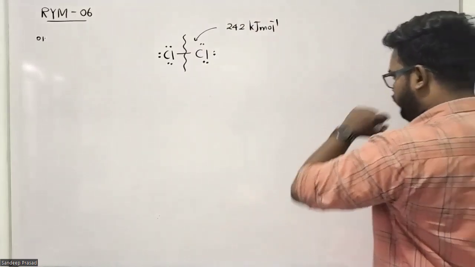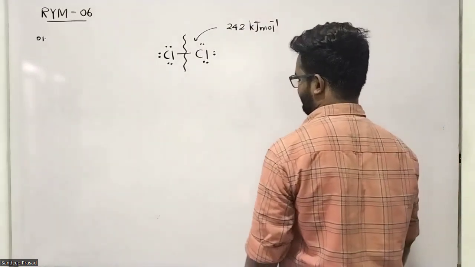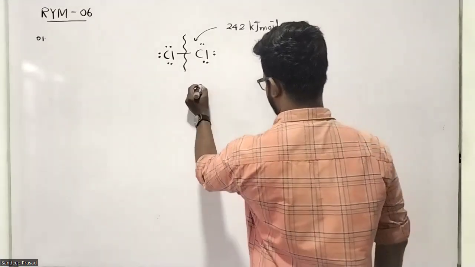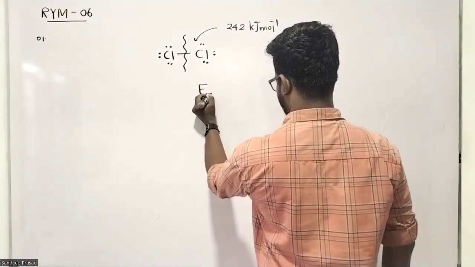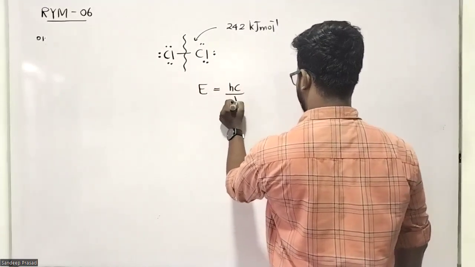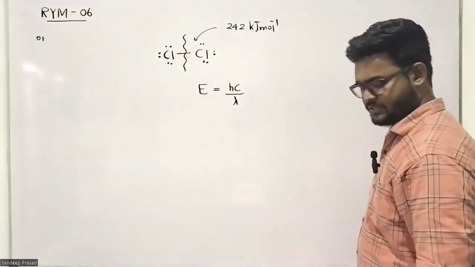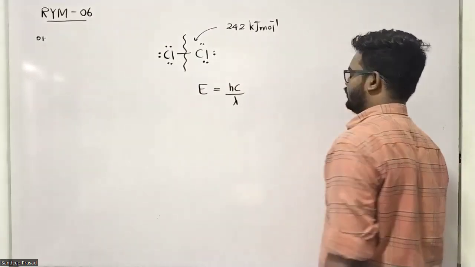So we learned in electromagnetic radiation theories how to calculate the energy of a photon. We know that the energy of a photon can be calculated using E equals hc over lambda. This is the equation that we use to find the energy of a photon.